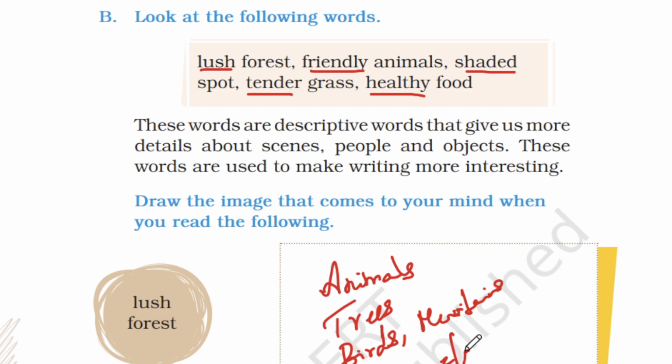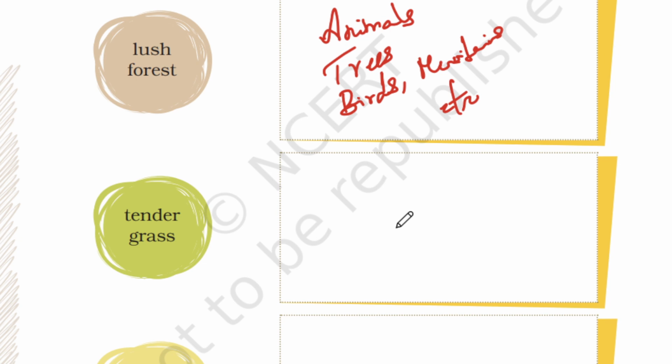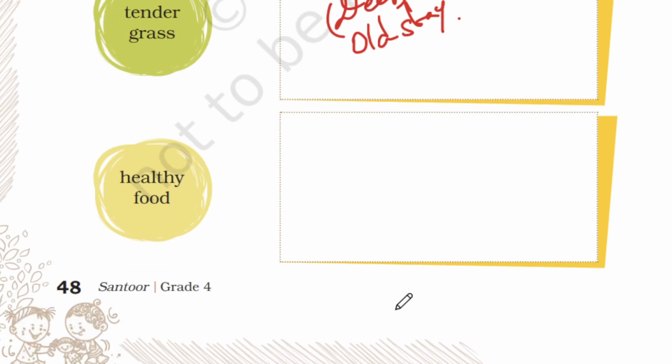Okay, you can draw these things, etc. Next, tender grass. When you hear the word tender grass from this lesson, you can draw the old stag, the deer. Next, healthy foods, based on this lesson. Tender grass is healthy food.